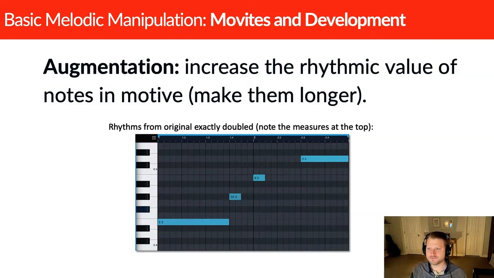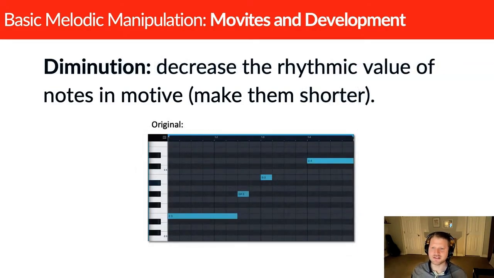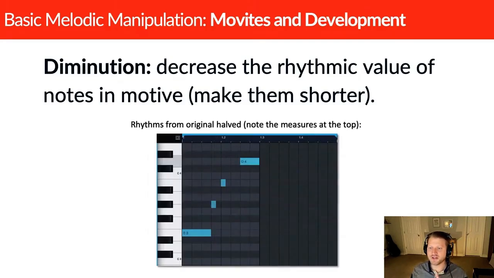So it's longer. The last one is diminution, which is to decrease the rhythmic value of the notes in the motive. That just means make them shorter. Again, in this example, I have done it proportionally.